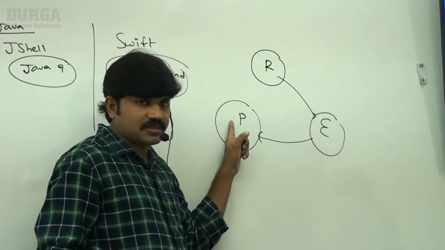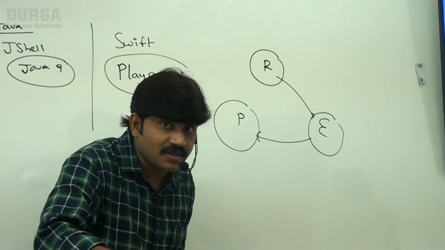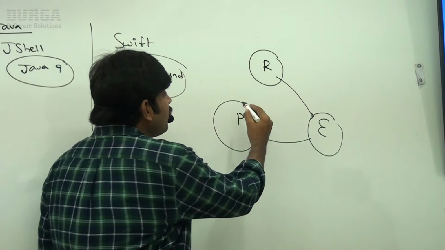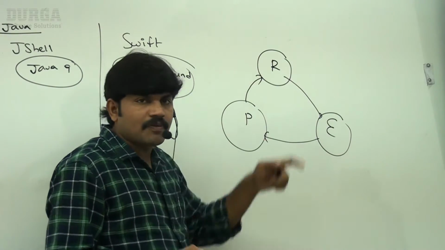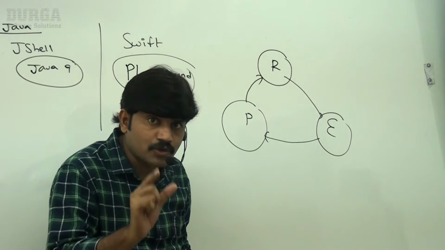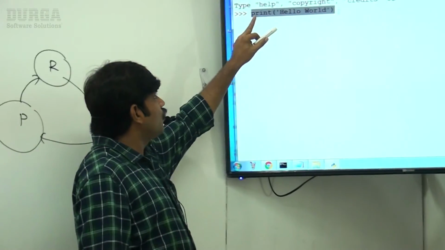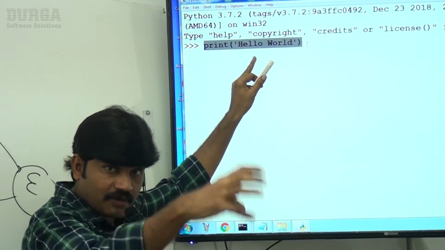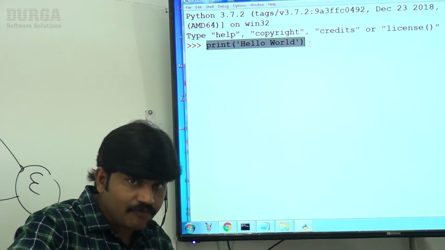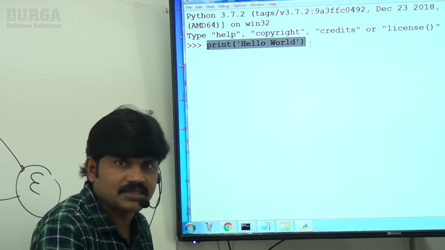After printing the result, it is again ready for the next instruction. So this type of tool is by default considered a REPL tool. Now I just wrote a statement, print of hello world. Read, eval, print, and ready for the next cycle.